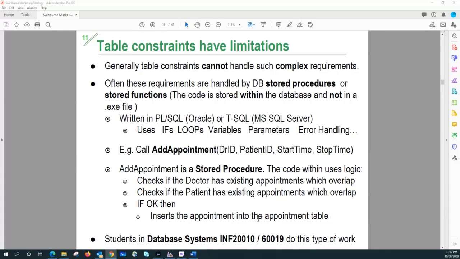There are more complicated database subjects, I think 4 or 5 subjects, in which you can specialize, because we deal with that in those subjects.